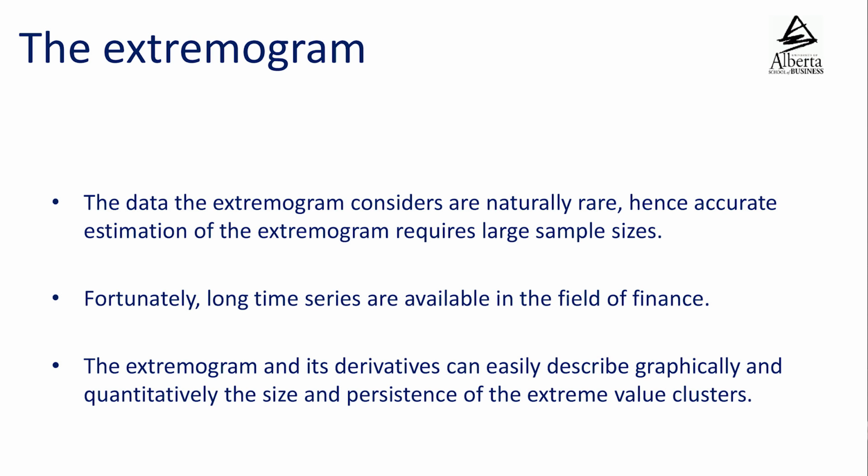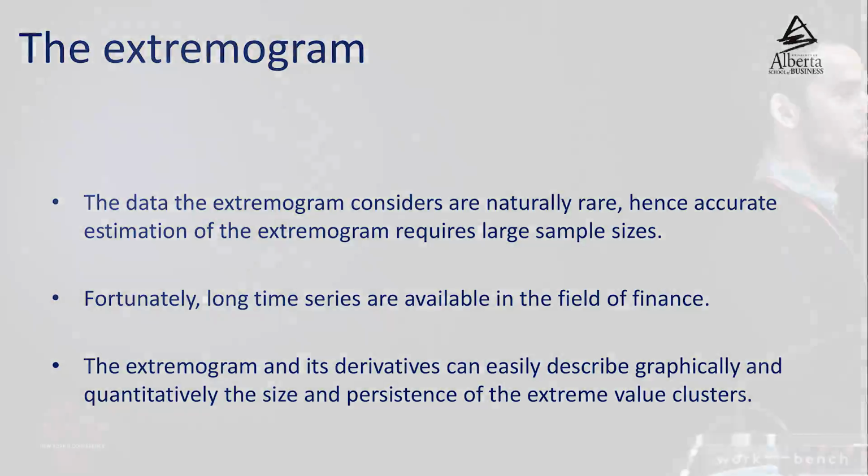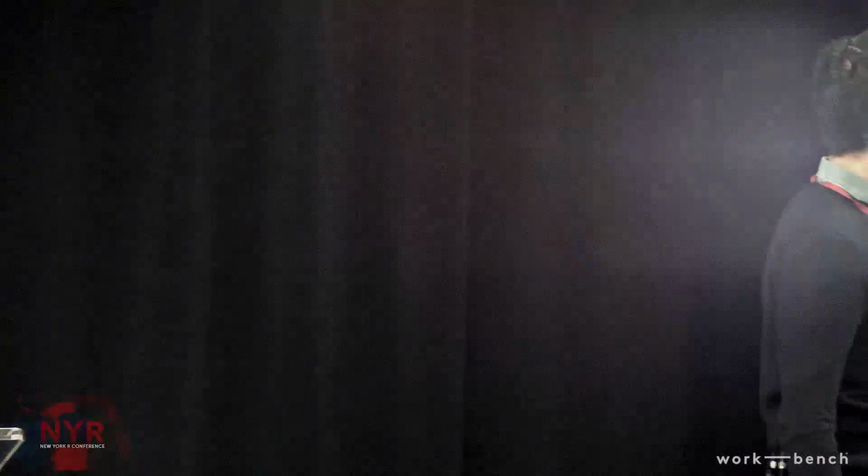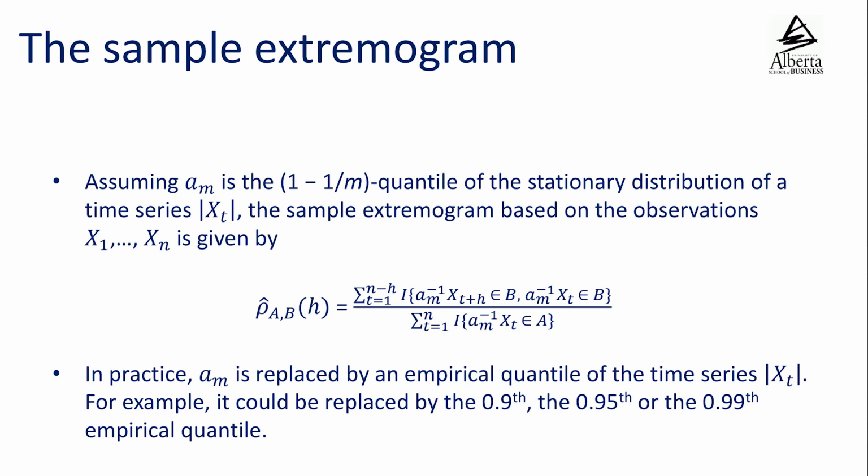This is great because in finance, we have a large number of time points, okay? So the extremogram and its derivatives can easily describe graphically and quantitatively the size and persistence of the extreme value clusters. So here's what the extremogram looks like. It's like a conditional probability. Given that I have an extreme value now, what's the probability that I have an extreme value h time lags in the future?